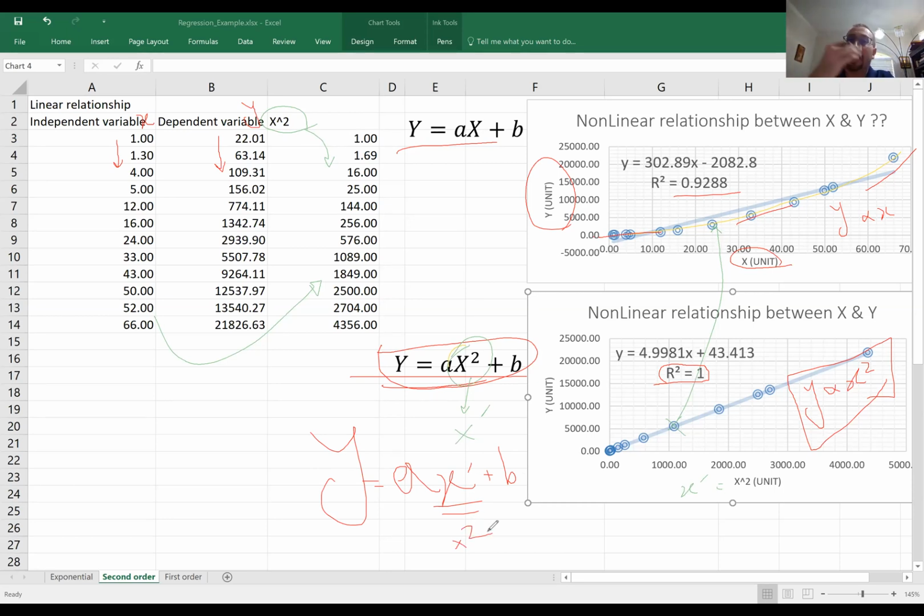Among the examples I gave you today, was there anywhere that we did this linearization? There was one place. Where was it? When we were plotting lift versus velocity squared. Exactly.